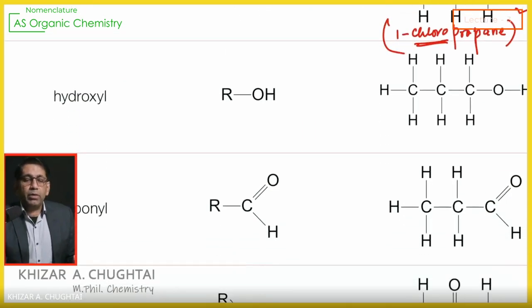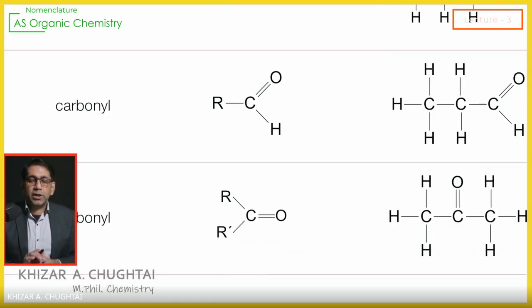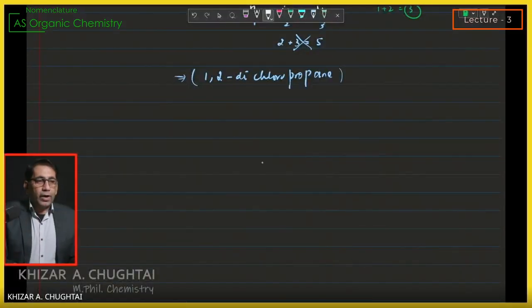Previously we talked about alcohol, amine, and the hydroxyl functional group, and now it is the turn of carbonyl, I mean aldehyde and ketone. Naming aldehyde is relatively easy compared to other organic compounds. So just have a look. For example, I'm having once again an aldehyde.